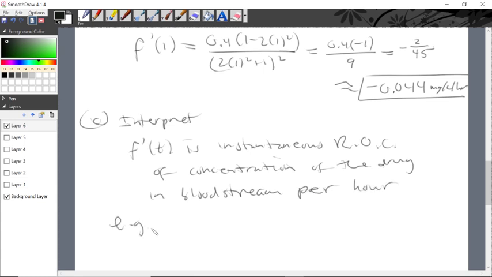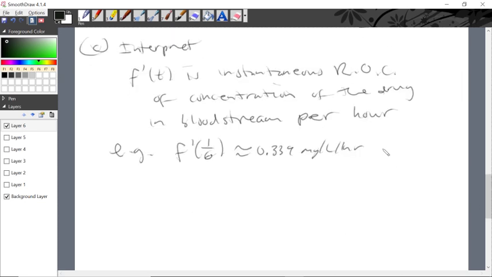So for example, f prime of 1/6, which was approximately 0.339 milligrams per liter per hour, the interpretation is 10 minutes after injection.